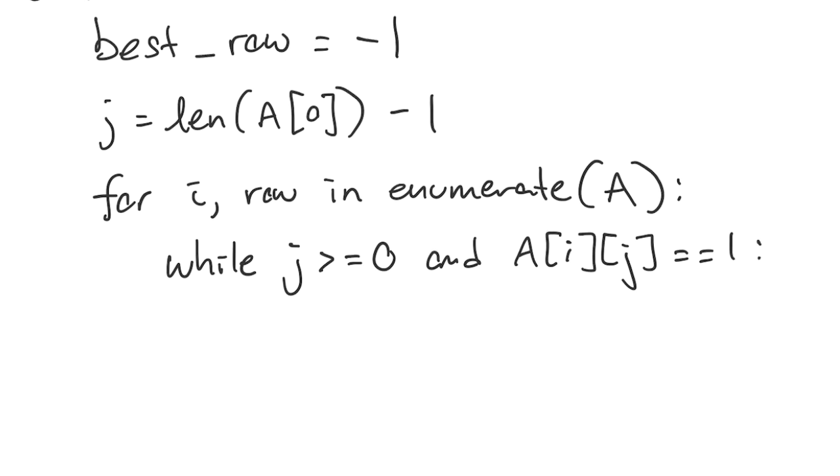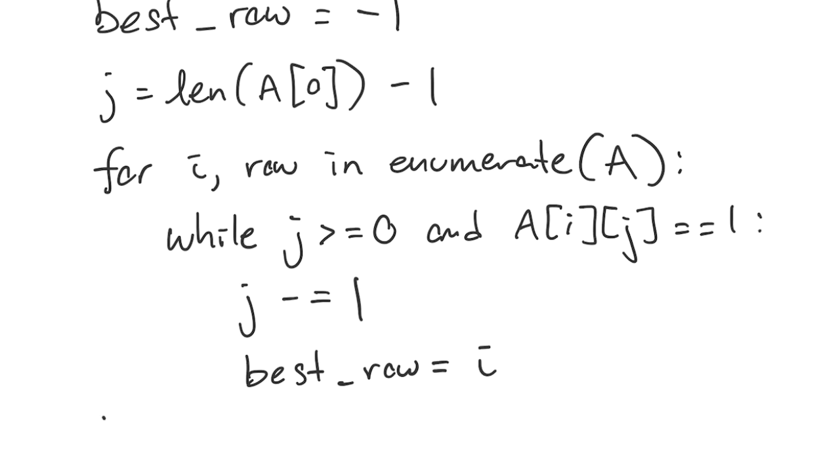So what does walk to the left mean? It just means decrement J. Okay, so J minus equals 1. And then if we are doing this, that means the row we are looking at is the best row we found so far because we're finding new ones. Best row equals I. Okay, and then once both loops are done, then we found the best row, and then we can return best row.